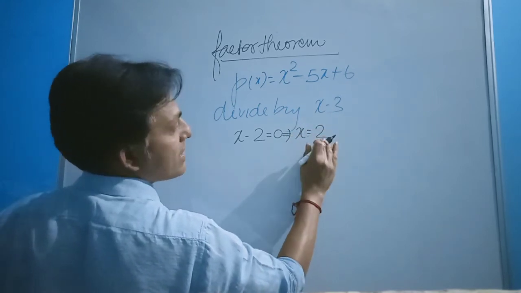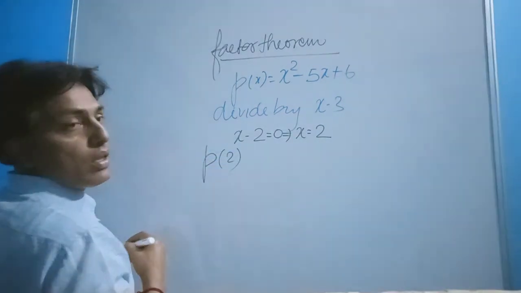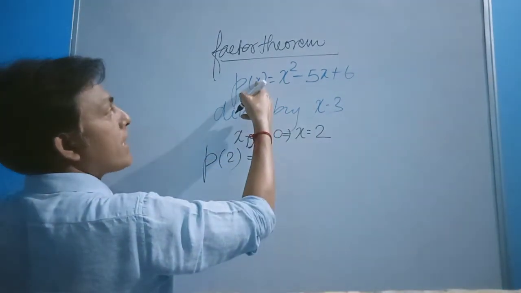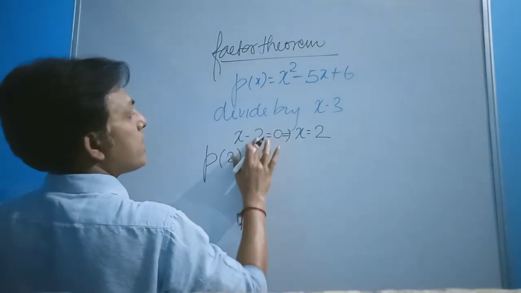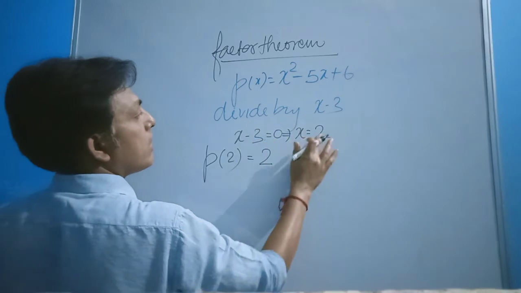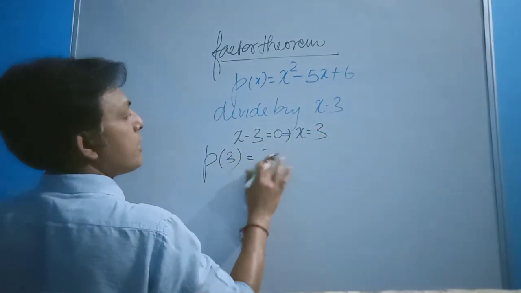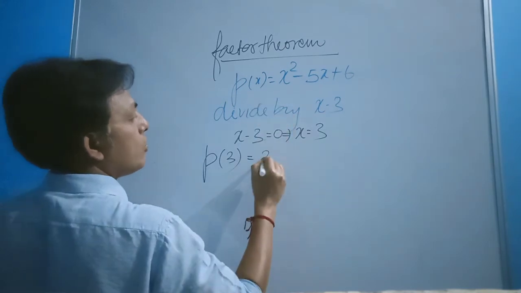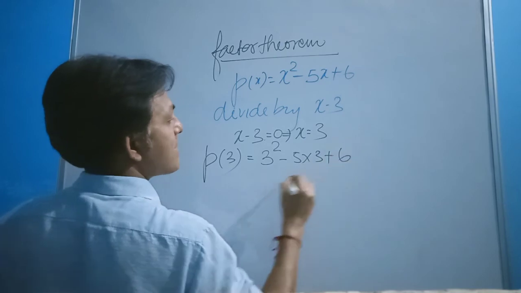So value of x is equal to 3, so the symbol of the remainder is p(3). Replace all x by 3. 3 square minus 5 into 3 plus 6.